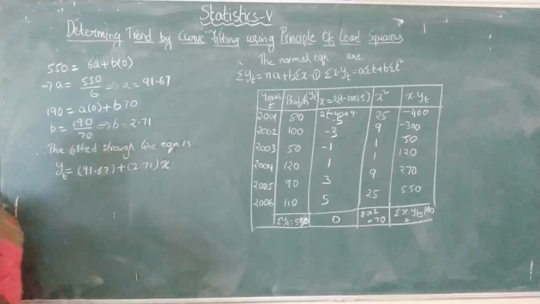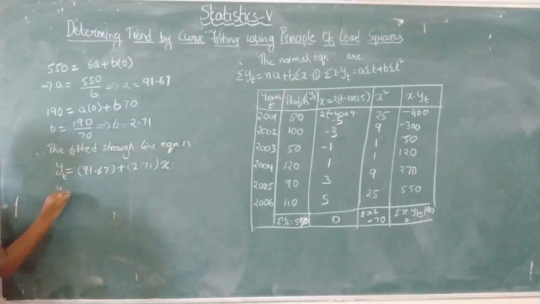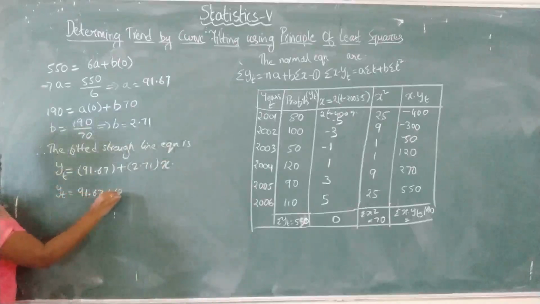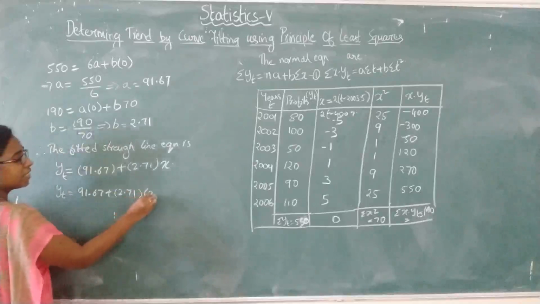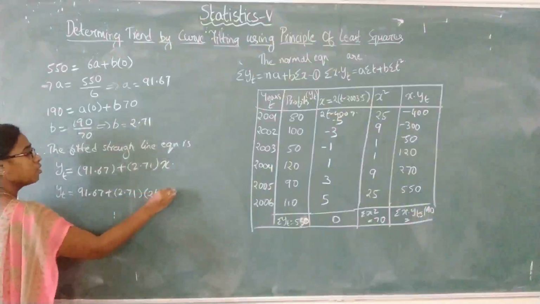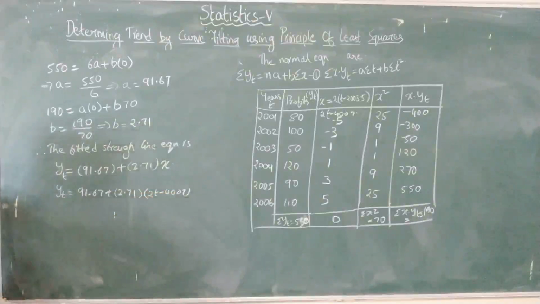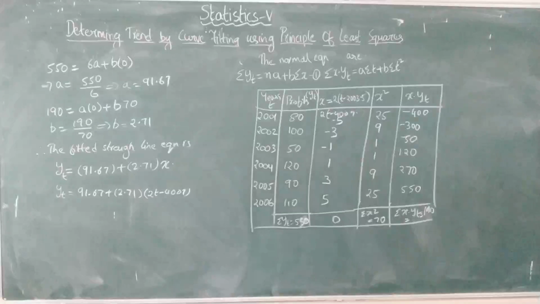So what is the x value we have considered? Yt equals 91.67 plus 2.71 into x, where x we have considered as 2t minus 4007. So this is the fitting of the straight line for the even number of values.